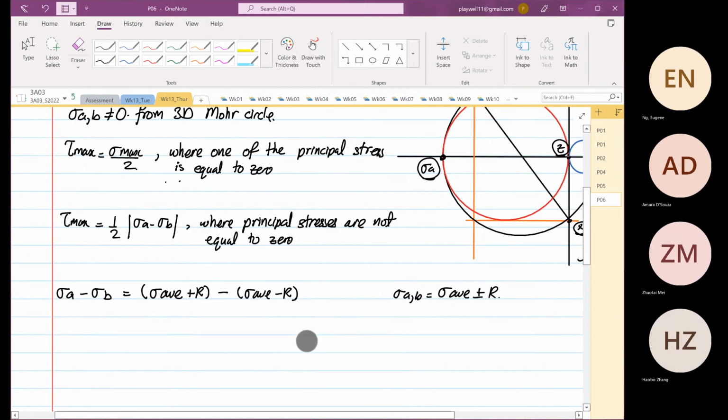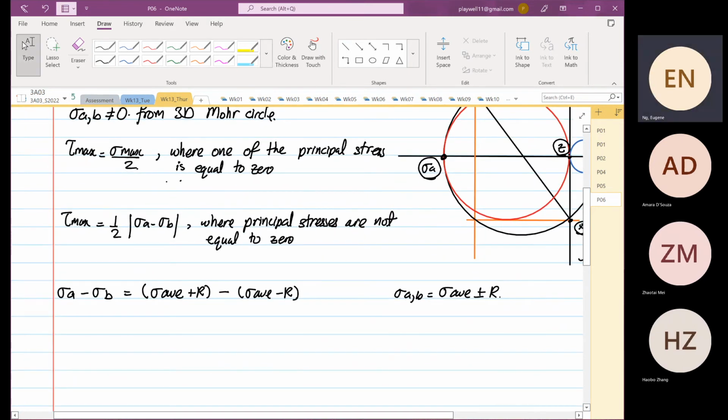So stress A minus stress B is equal to 2R.